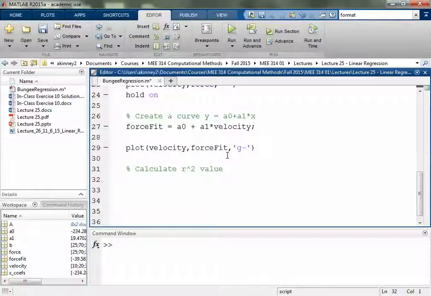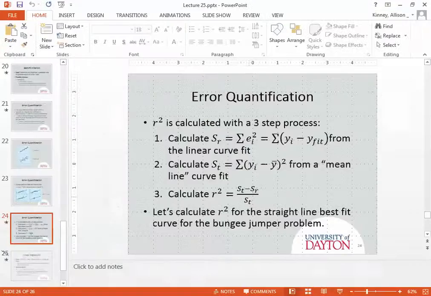And just like I showed you in the PowerPoint, I like to do that in a three-step process. So the first thing I like to do is calculate my SR value, which is the sum of the E squared, or the sum of the difference between the Y values and the Y fit values.